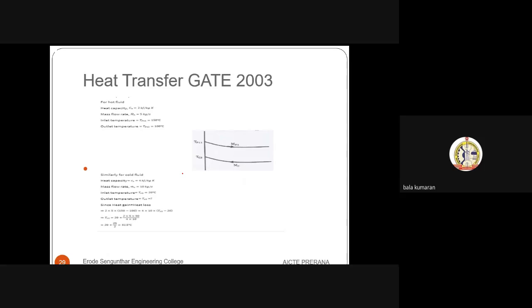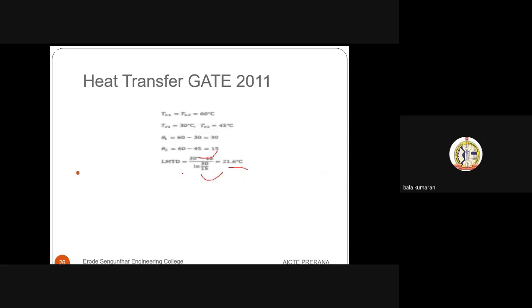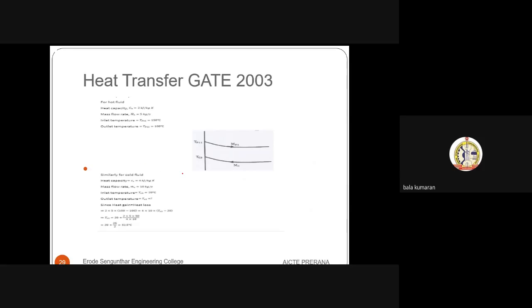This is T1. It is just the general formula as you saw in the previous one, just applying the values. These are all the given values, this and this. This one they asked to find.